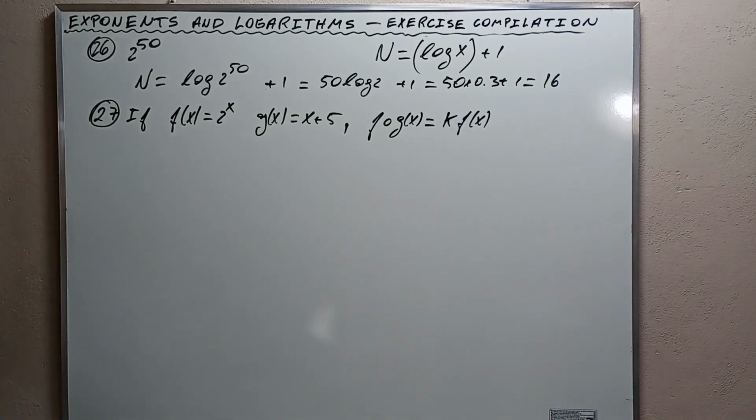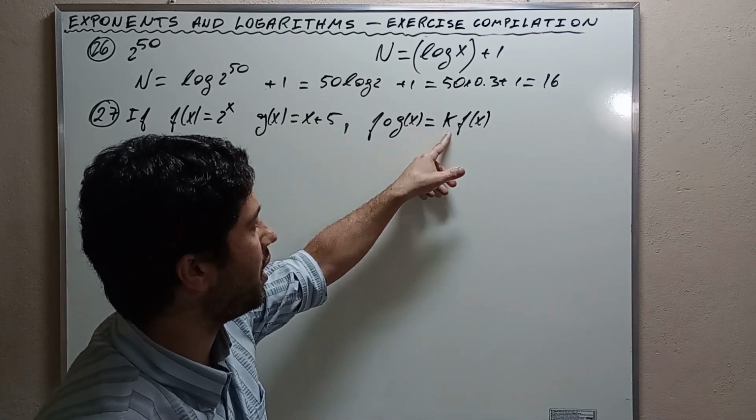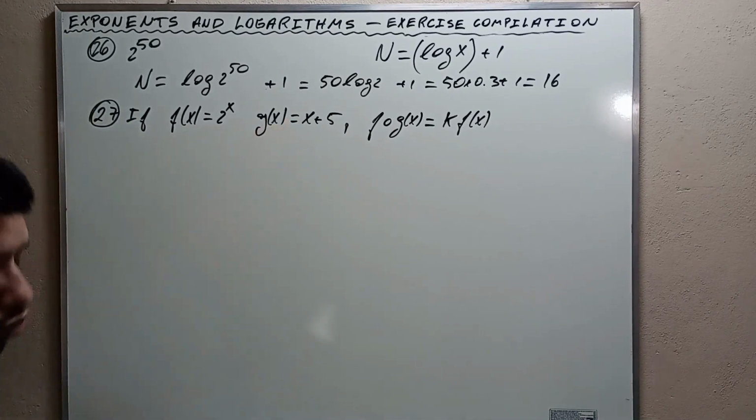The exercise is asking us this question: what is the value of k in this expression if this and this holds true? Okay, my friends, this is the exercise. Let's go to the solution.